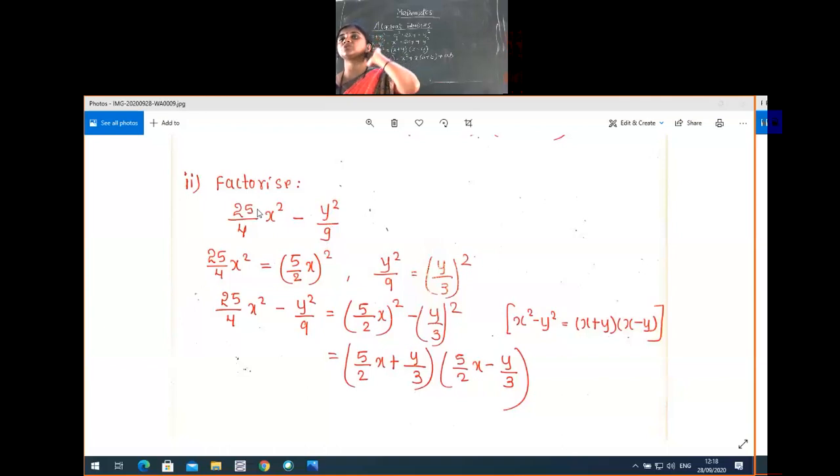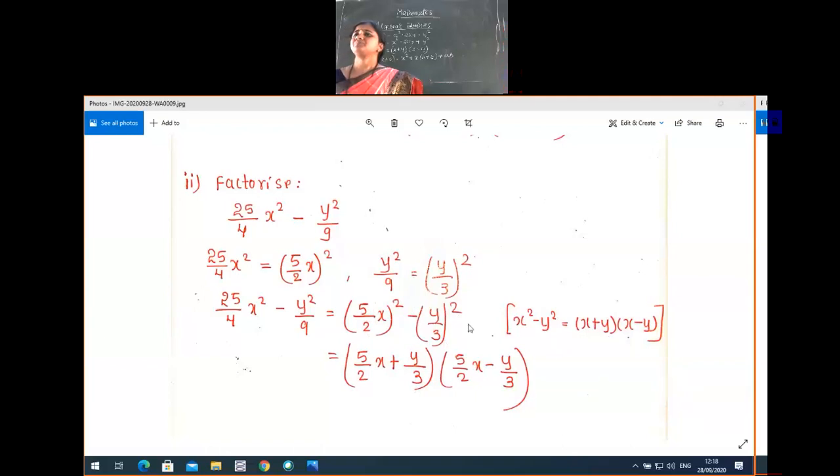So we can write this 25 by 4x square in the form of 5 by 2x whole square, right? Then y square by 9, y by 3 whole square. So 25 by 4x square minus y square by 9, we can write in the form of 5 by 2x whole square minus y by 3 whole square.